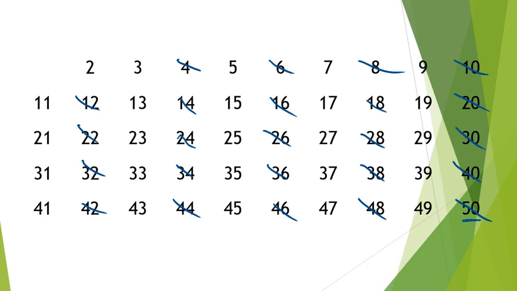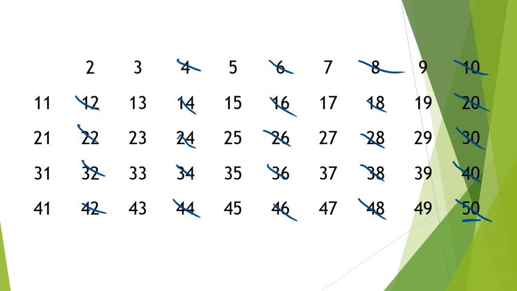We now move to the next number up that is not crossed out. We now know that that has to be a prime number as well. And we're then going to cross out any multiples of that number that are larger than it. The next largest number up that's not crossed out is 3. 3, as we know, is a prime.